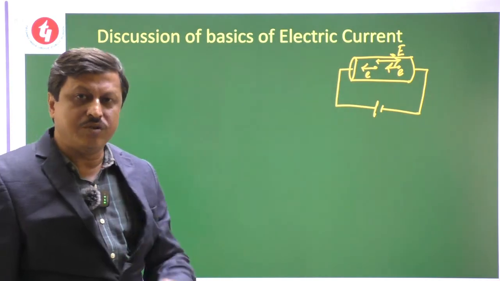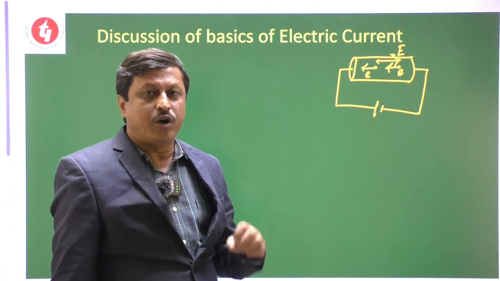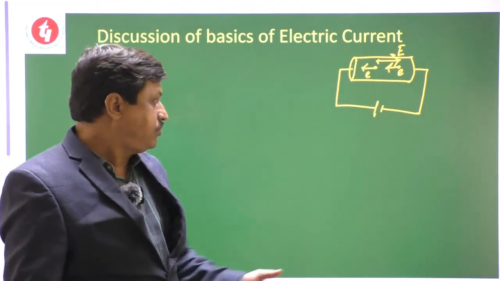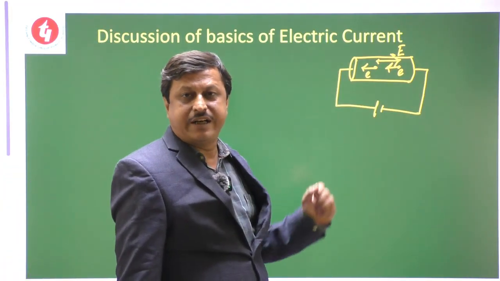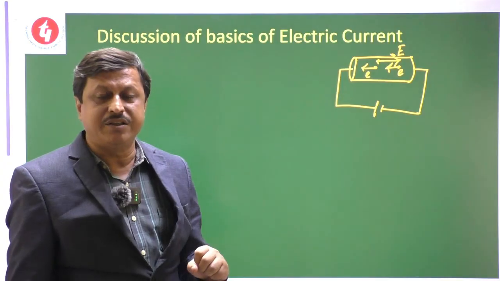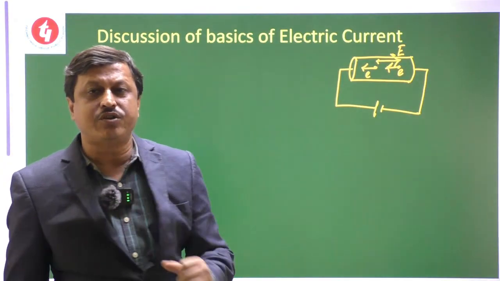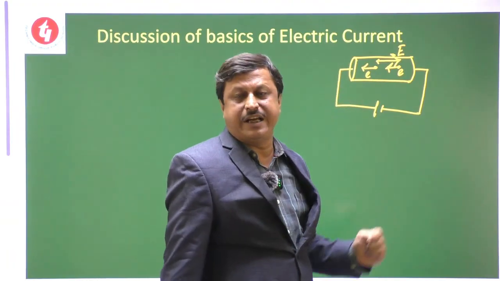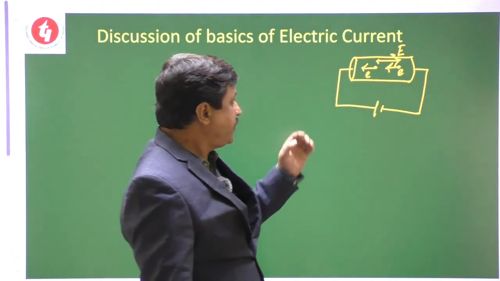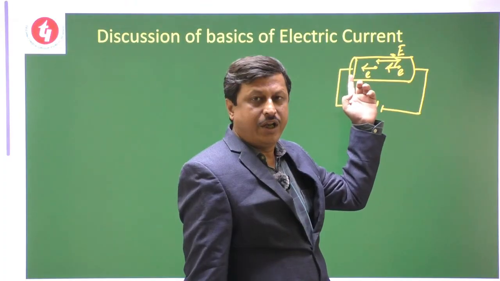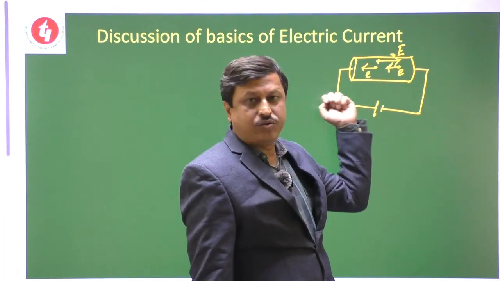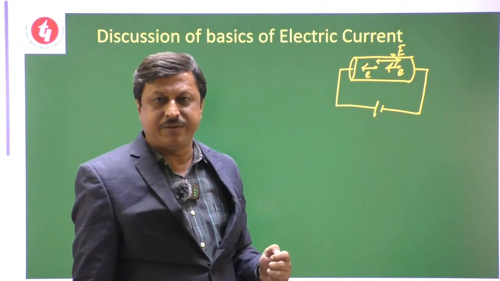It gives a force on the charge. And you also know that a positive charge always moves along the electric field, and a negative charge always moves opposite to the electric field. As the electron is negatively charged, it will experience a force opposite to the direction of the electric field, right?